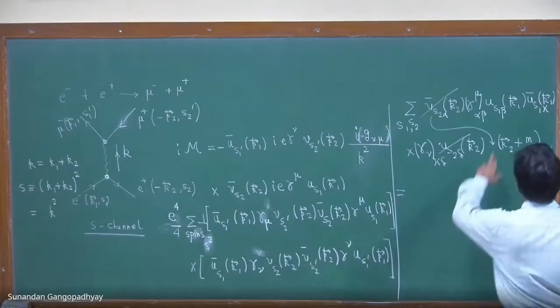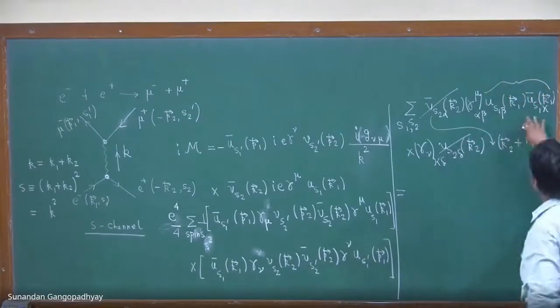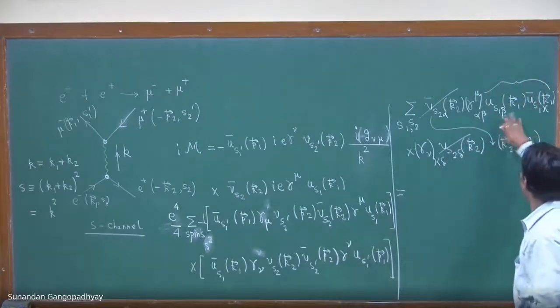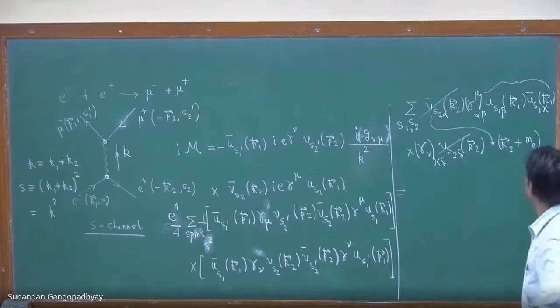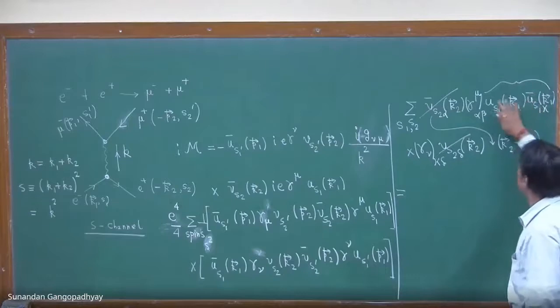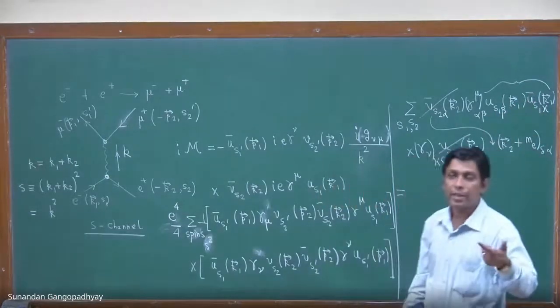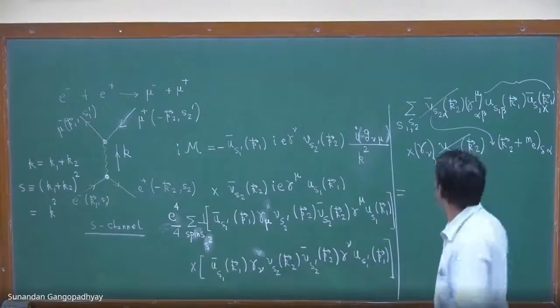Now, similarly, you can just look at this term. This also involves the electron and the positron. But this part involves the electron only. These are the electron spins, right? Coming from the annihilation of the electron and the creation of the electron.